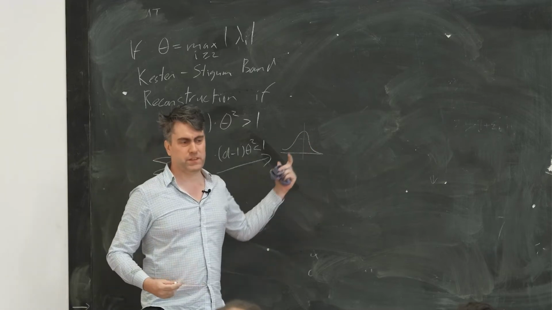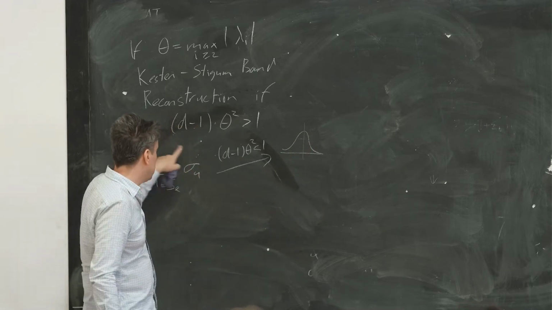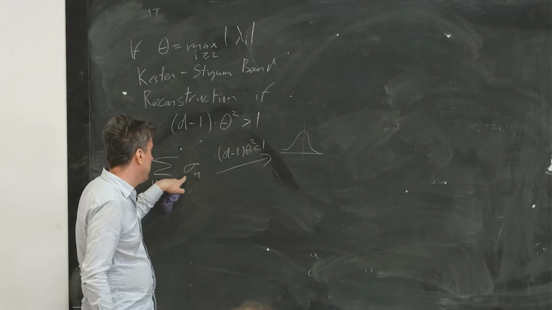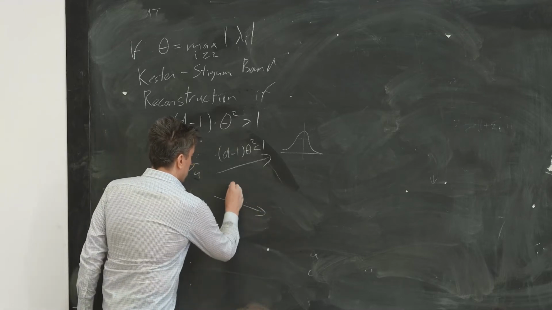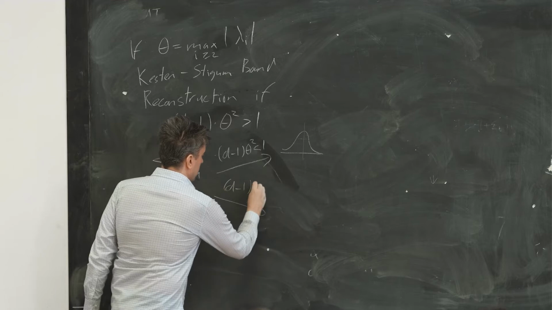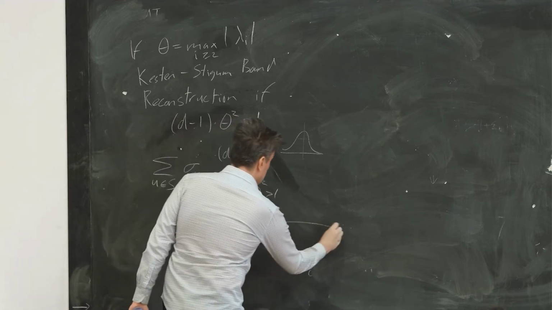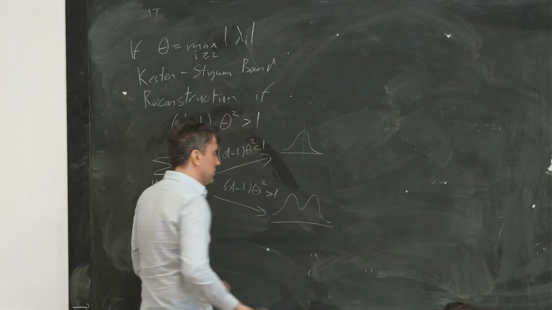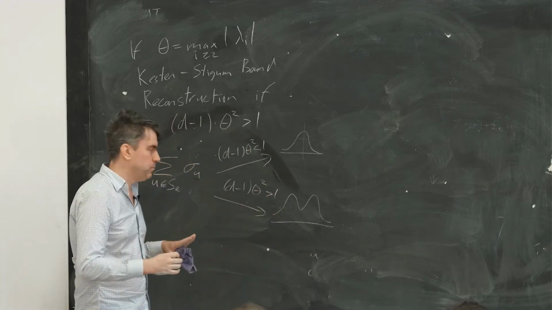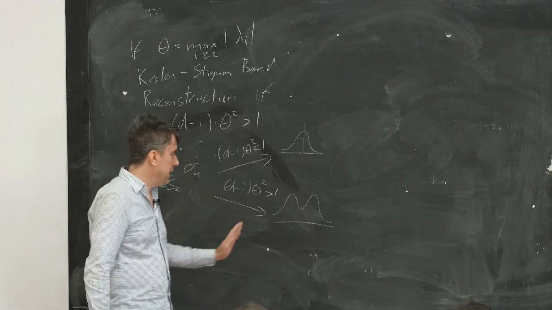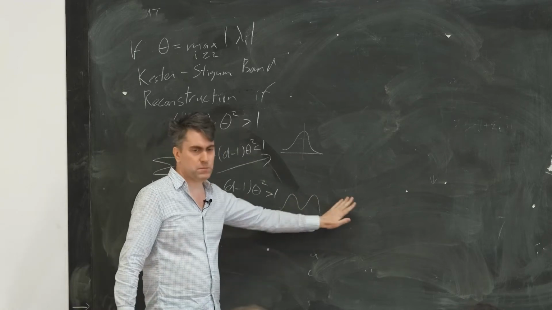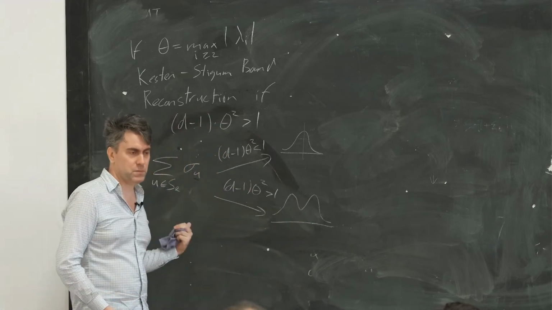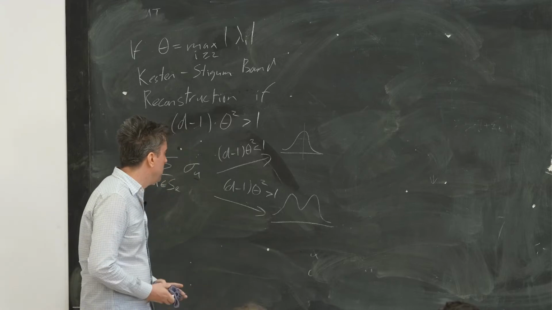And you have no information left in the limit, if you just looked at this statistic, which is the sum of the spins on level L. On the other hand, when we're above the Kesten-Stigum bound, you'll get some non-Gaussian limit. It might not look bimodal, but you get something non-Gaussian, and it's more likely to be on the plus side if you started with a plus on the root, and more likely to be a minus if you started with a minus on the root.